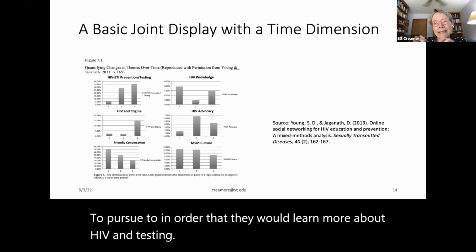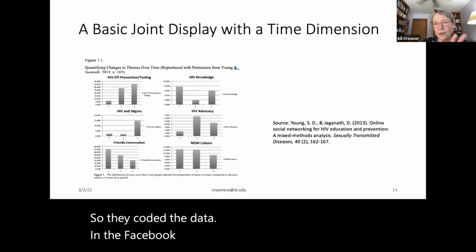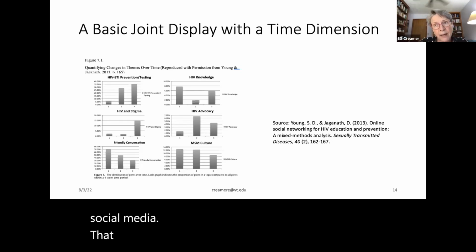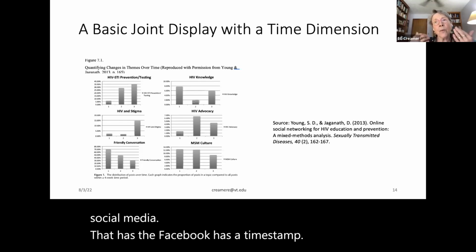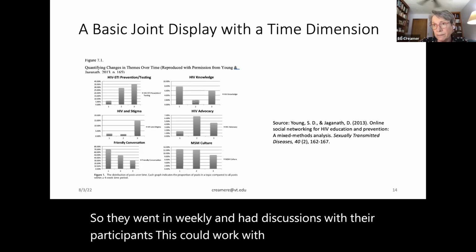So they coded the data in the Facebook page. Anyone could do this in any social media. Facebook has a timestamp. So they went in weekly and had discussions with their participants. This could work with a class as well.